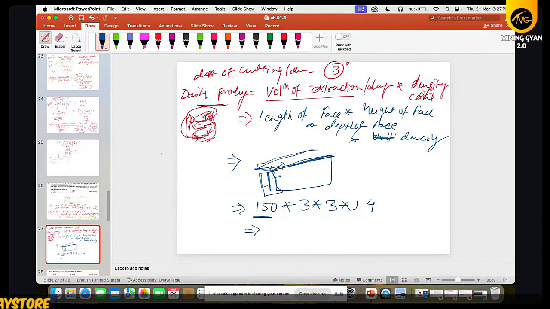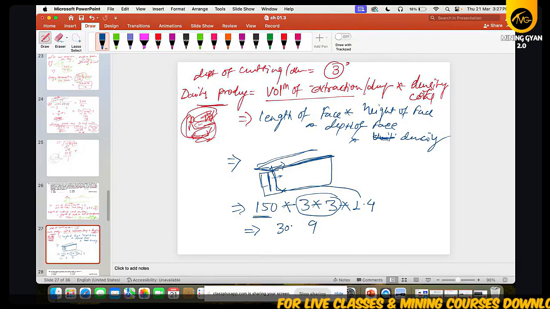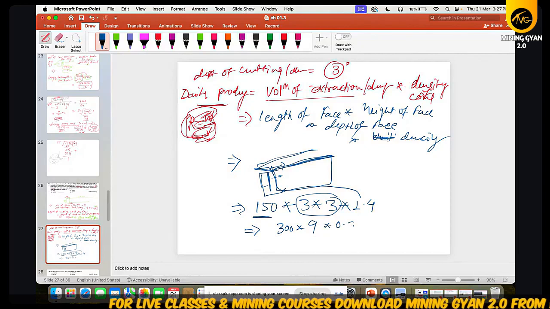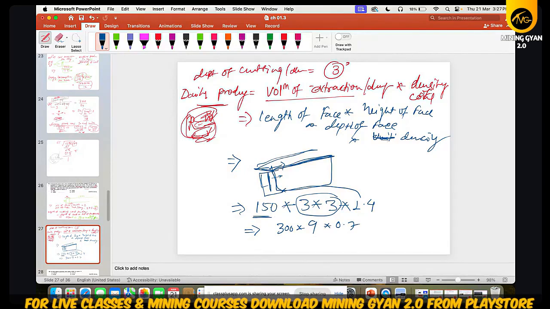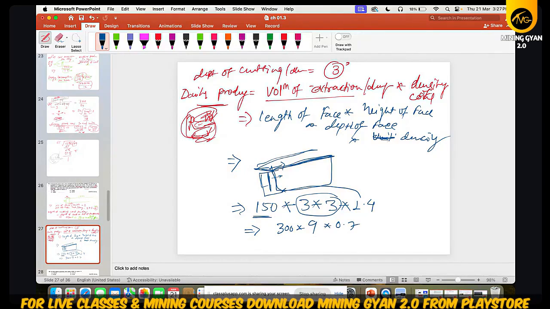We can make maximum zeros. Multiply these two, it will be 9. Give 2 to this, so this will be 300, and divide this point, and give 10 to this, so it will be 7. This will be 30.